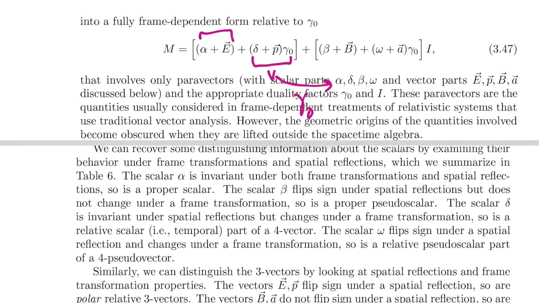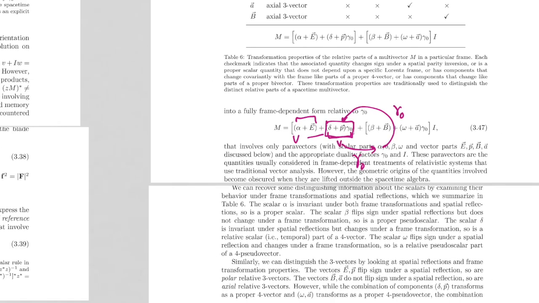So that paravector, then we're going to push back into this with yet another sort of gamma 0 dual change. And so we're going to redefine this. This is actually v. In other words, if we take v, we take gamma 0, we're going to get delta plus p.